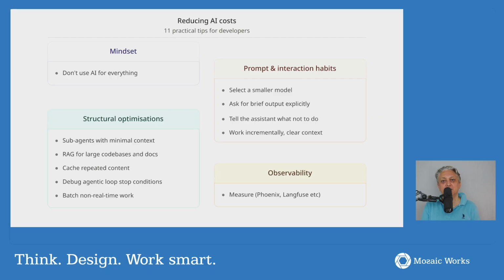What I need is to give me an answer and run these whenever you have capacity. And these batch jobs are priced differently. So again, check out the documentation of the tools that you're using and see how you can make this work for you.